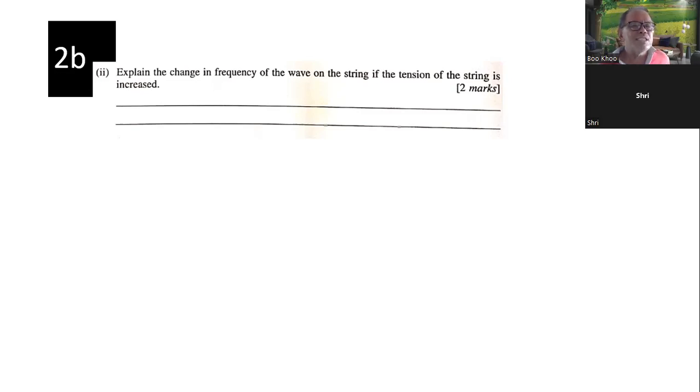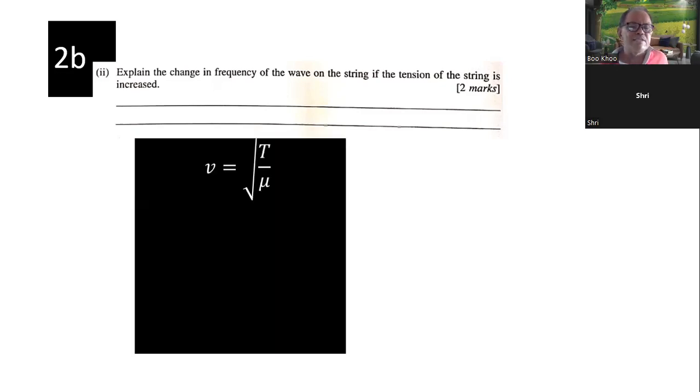Okay. Explain the change in frequency of the wave on the string if the tension in the string is increased. What formula to use or what reasoning? v equals square root of T over mu. Explain the terms used. v is the speed, T is the tension, mu is the mass per unit length. You have got the formula already.